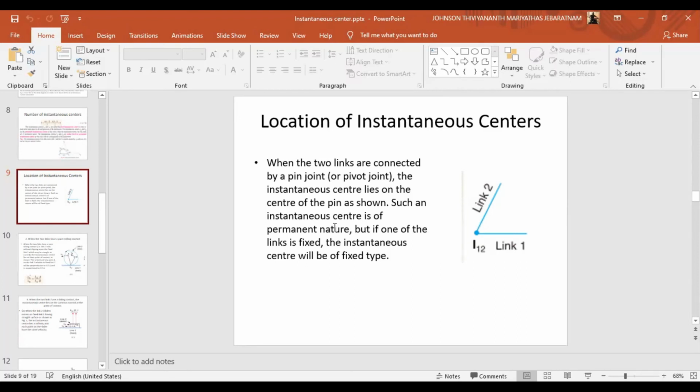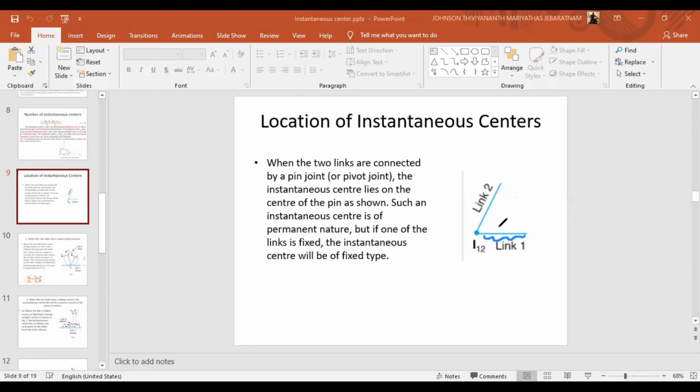Such an instantaneous center is of permanent nature. Right? So if this link and this link can both move, this instantaneous center is going to be a permanent instantaneous center. But if one of the links is fixed, either this one or this one, then the instantaneous center will be of fixed type, because only one link can move, the other one is fixed.